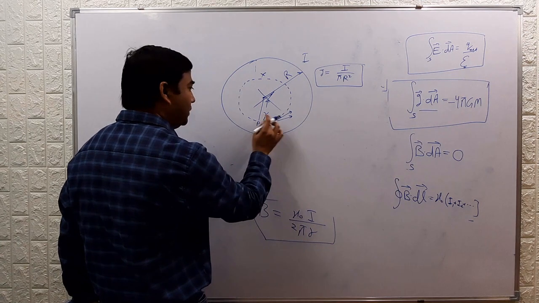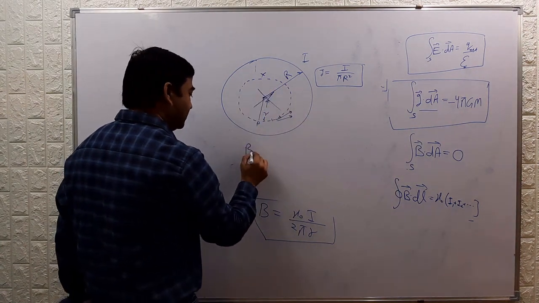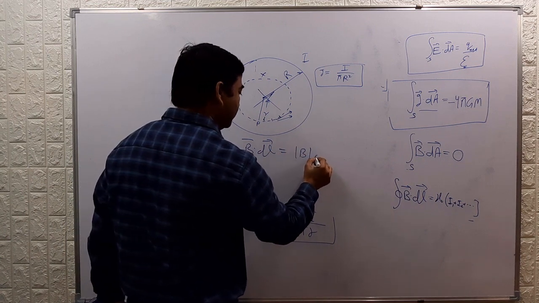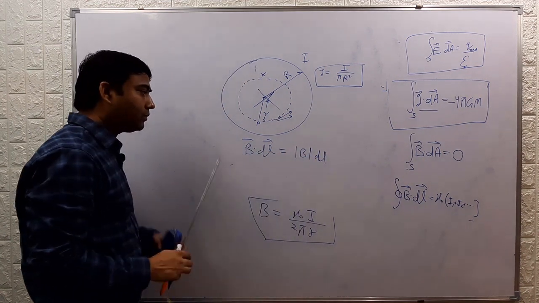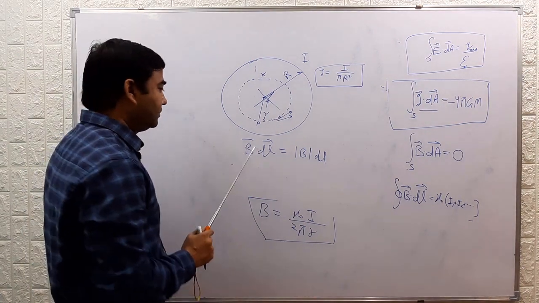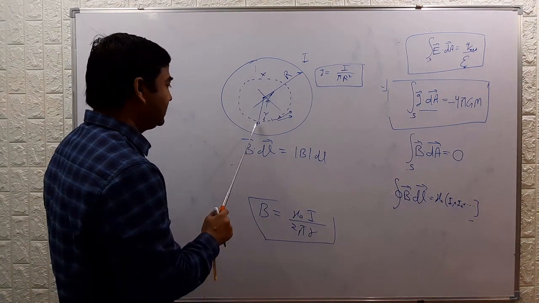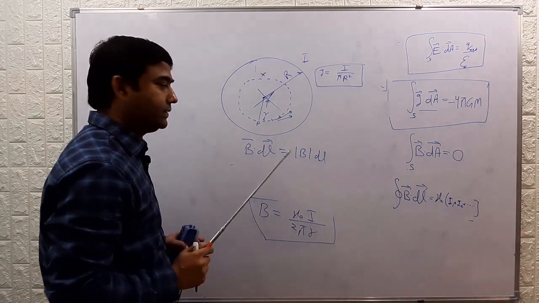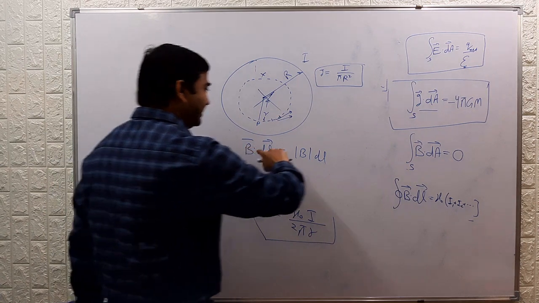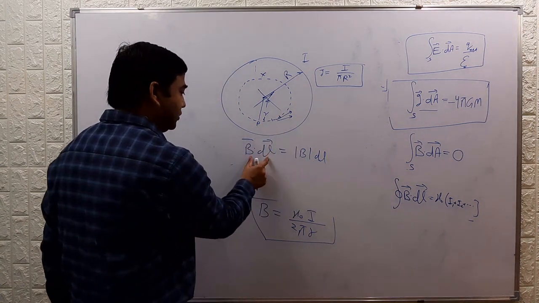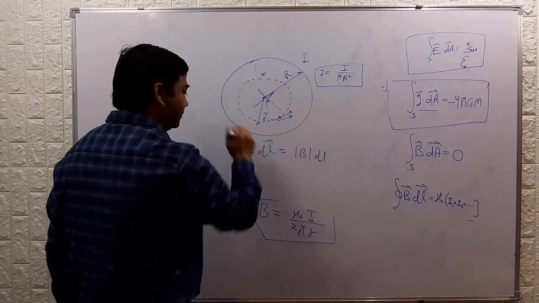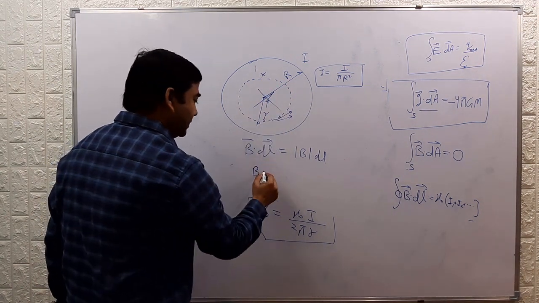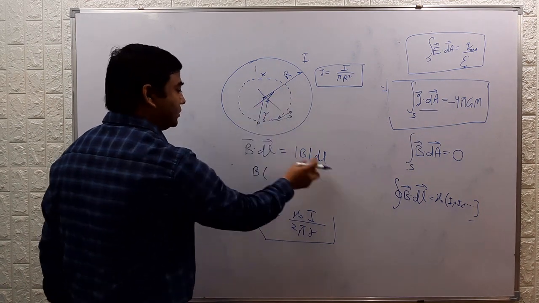So you can say for all points on this imaginary curve, B dot dl is equal to the magnitude of B into the magnitude of dl, where the magnitude of B is constant throughout this circular path by symmetry. So the line integration of B dot dl over all parts will be equal to B, which you can take common because B is the same, into the total length.